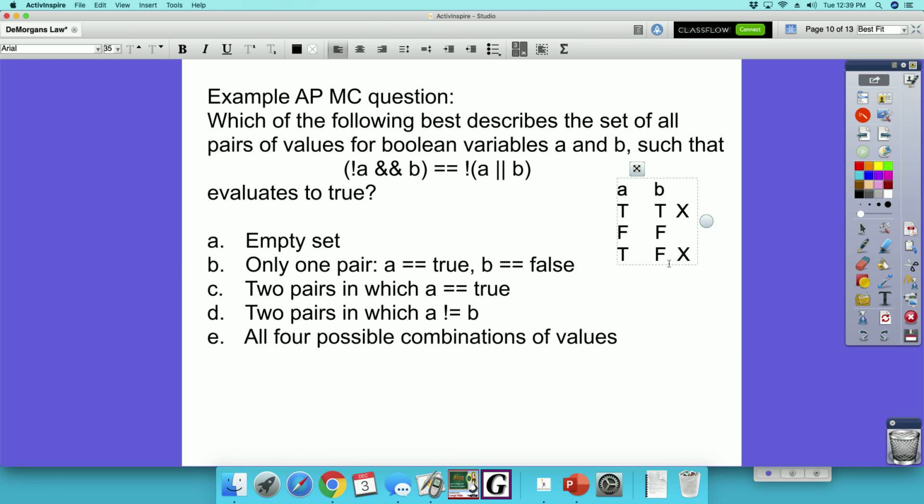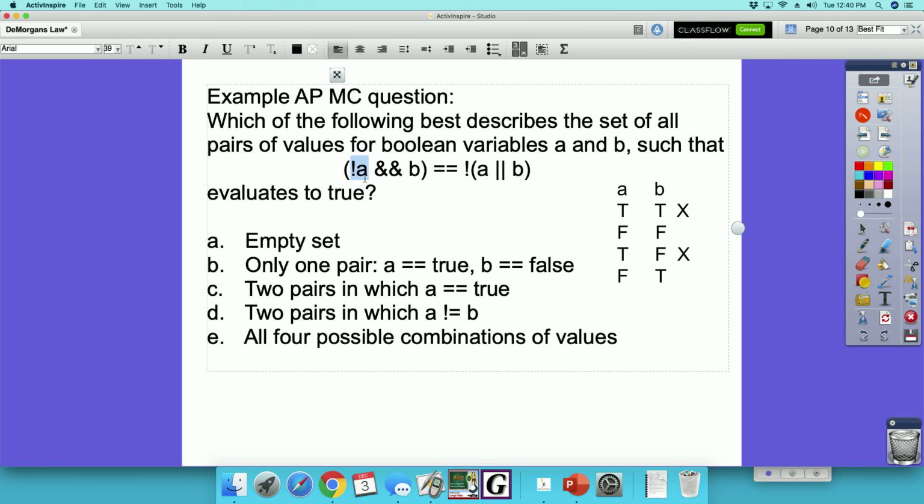All right? So now we did true, true, we did false, false, and now we get to do false, true, and see if that is right. All right, so this side right here is not false, making this true. B is true.